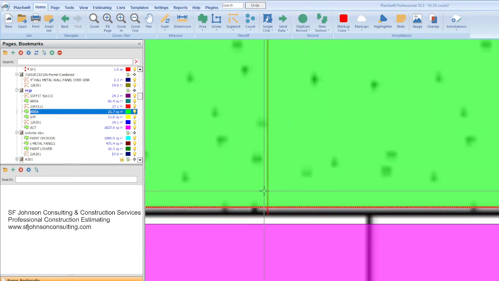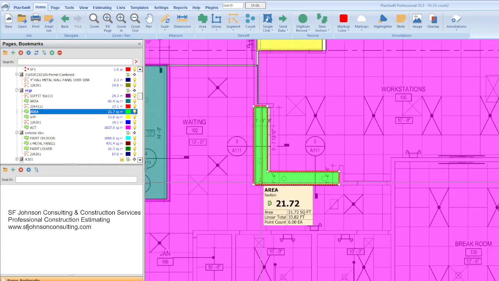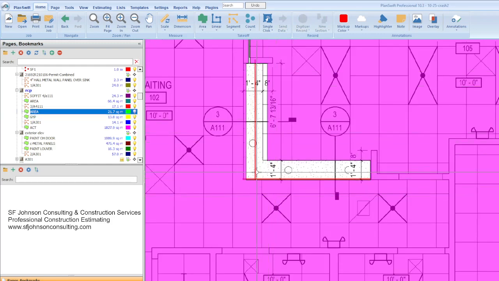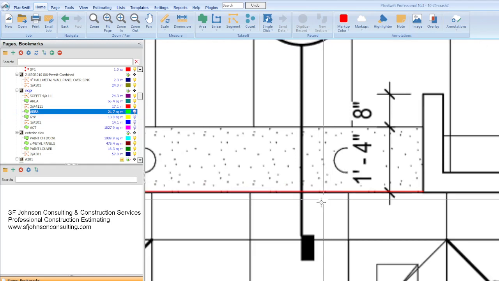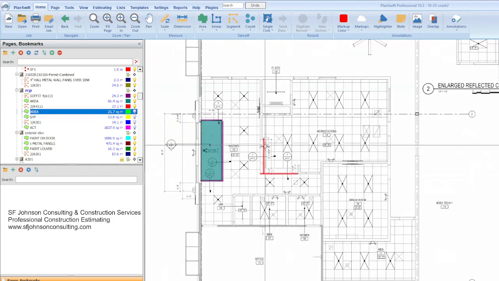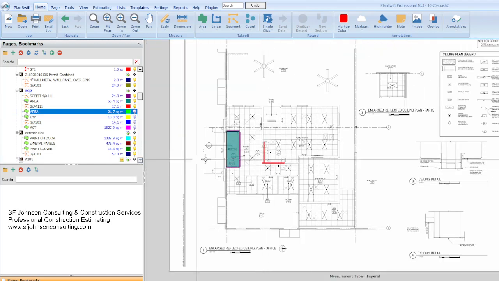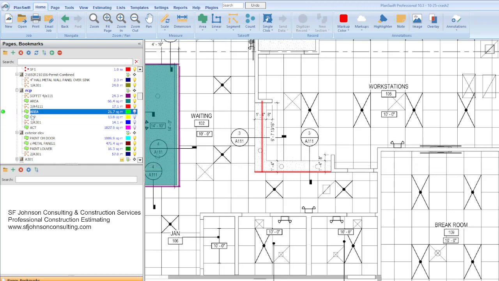Let's turn off all the bubbles and make sure we have the other length accounted for. Okay, good.